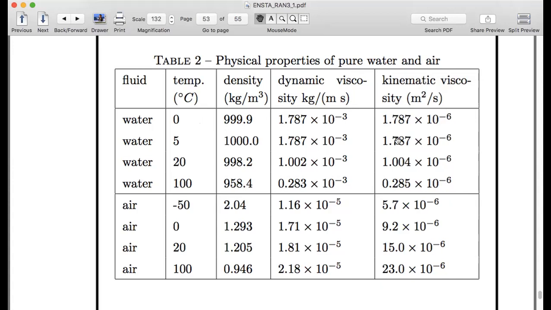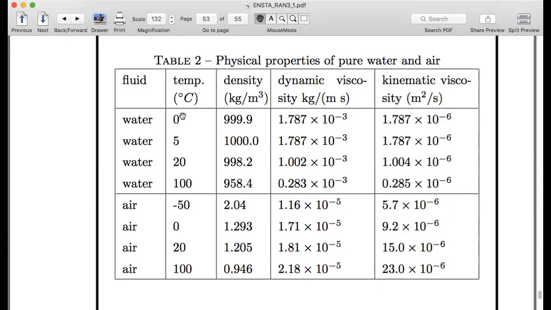So you typically prescribe a parameter for this kinematic viscosity, and away you go with your calculation.